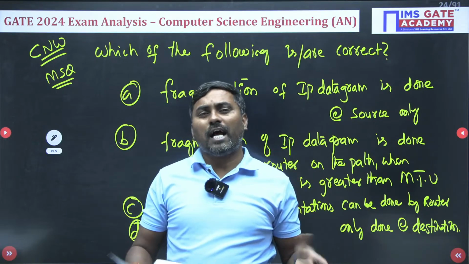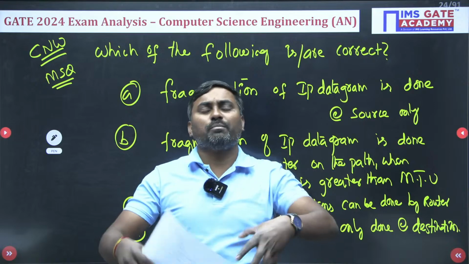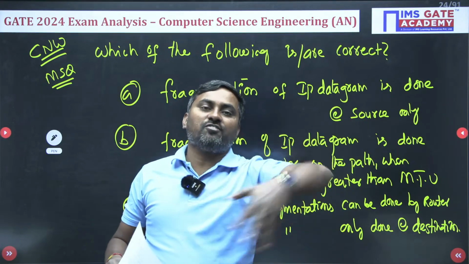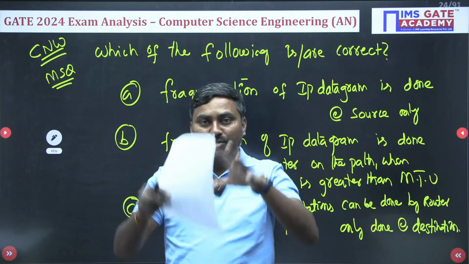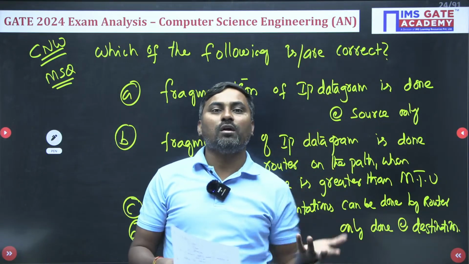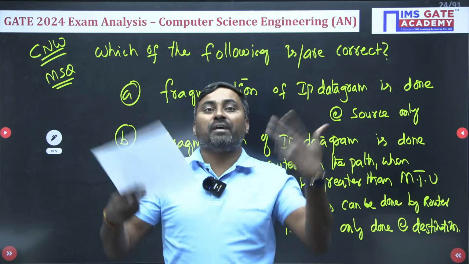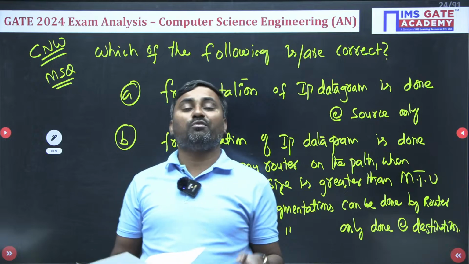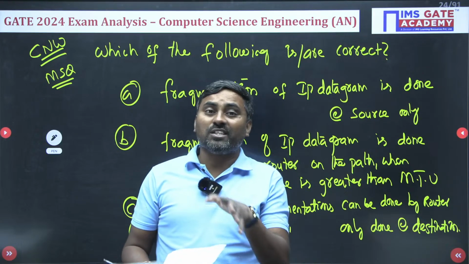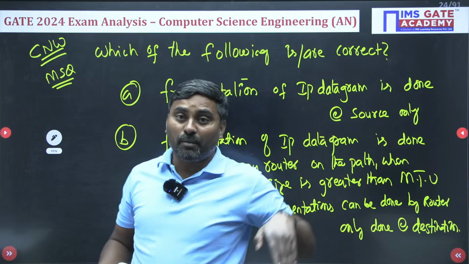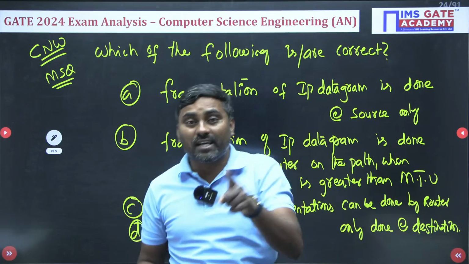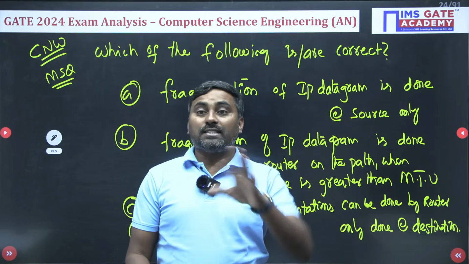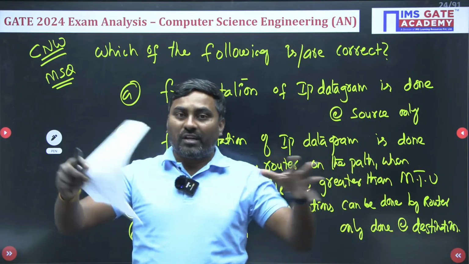So the transport layer, as per the data link layer capacity, does the segmentation. But on the way, when you are sending these IP datagrams, sometimes the maximum transfer unit is smaller than the fragment size. Then the intermediate router has to do the fragmentation. So fragmentation is done by the routers in the path when the fragment size is greater than the maximum transfer unit. This we know. Now, after fragmentation we have to reassemble the fragments.